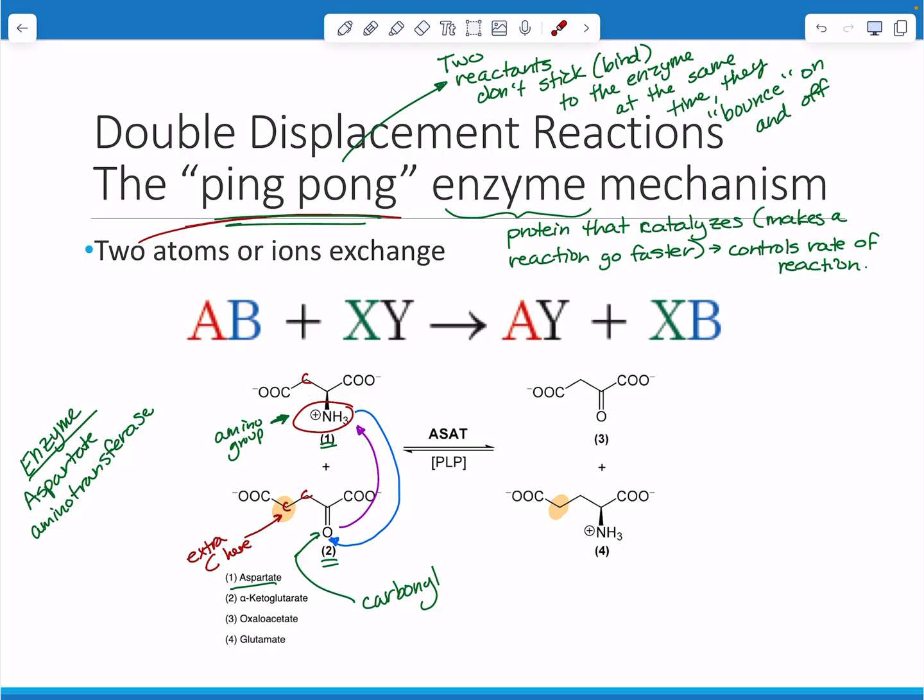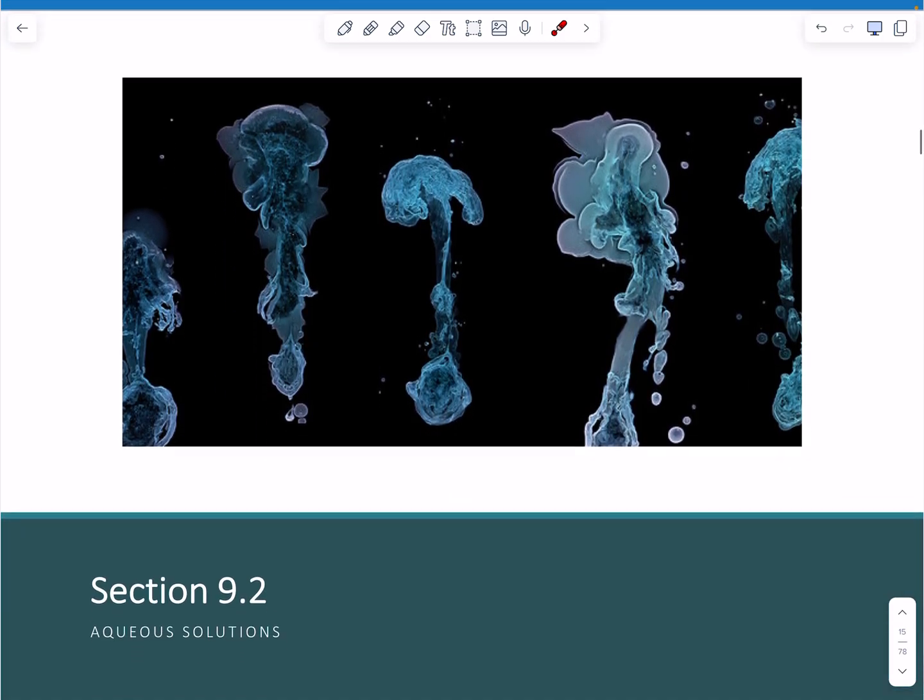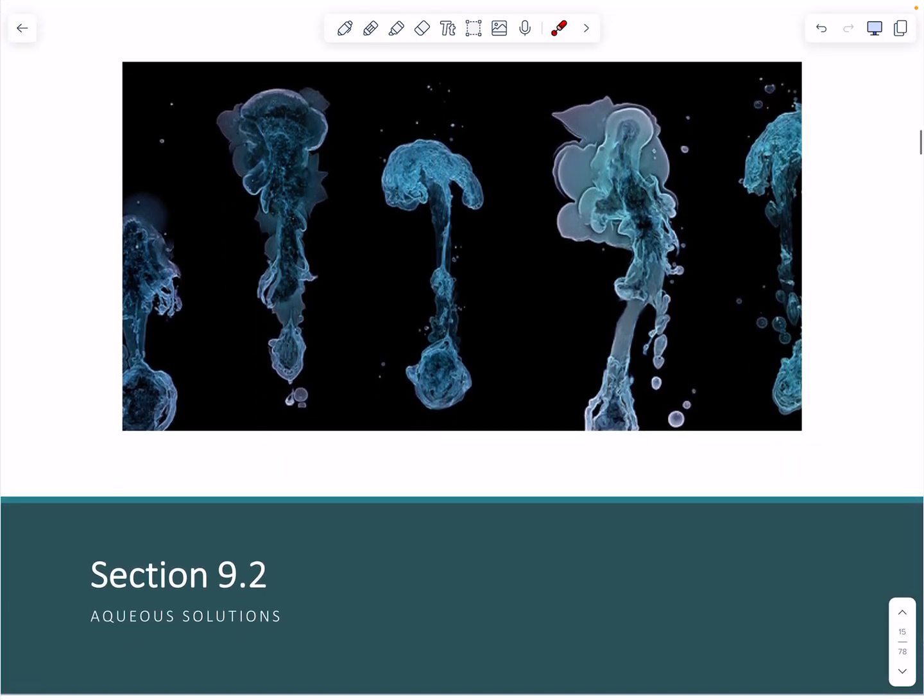All right, so we've gone over different types of reactions. So now what we're going to do is talk about when we have molecules in solution. So we're going to talk about aqueous solutions. And when we're talking about something in aqueous solution, we're going to be using some typical terms that one uses when talking about solid compounds that we then mix with water, and what that means and what happens.